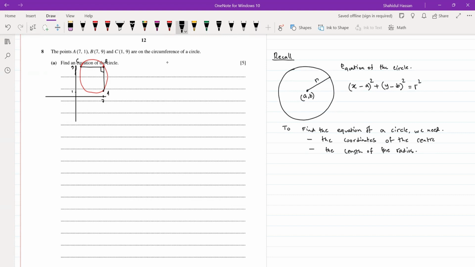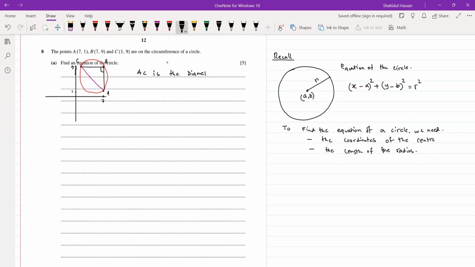So now we have a very interesting thing from here. Since we have a 90 degree angle here, please understand that AC must be the diameter. Because the diameter subtends an angle at the circumference which is equal to 90 degrees. So we deduce that AC is the diameter.